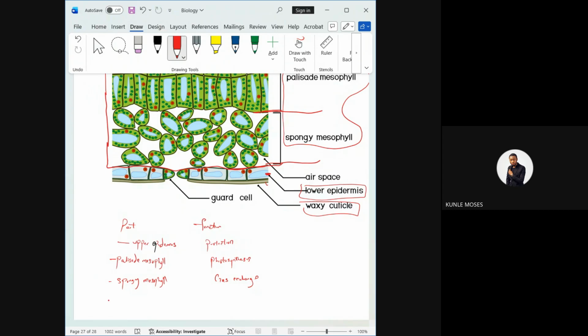What else? The xylem, in case, for transport of water. The phloem for transport of food. Let me just write other structures for you in case they ask you.